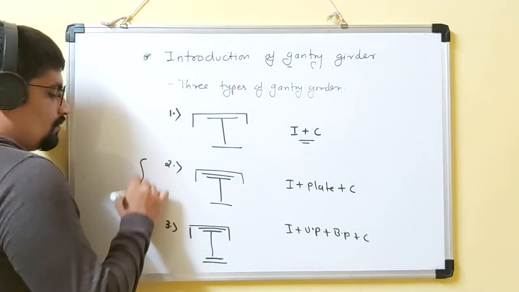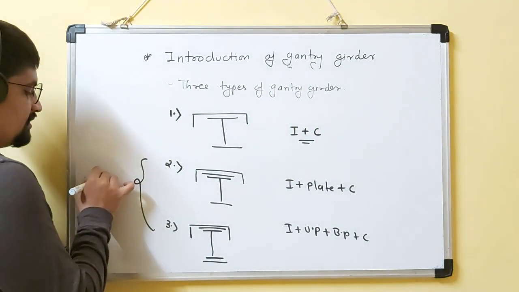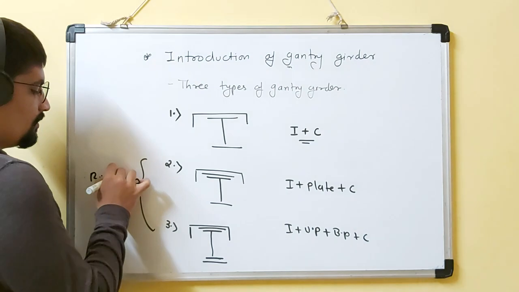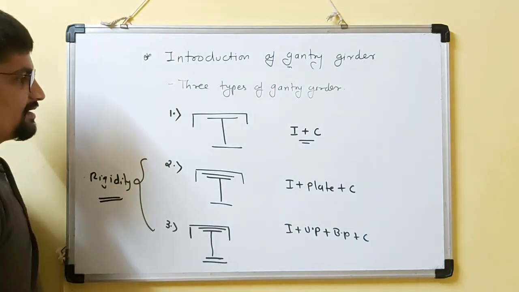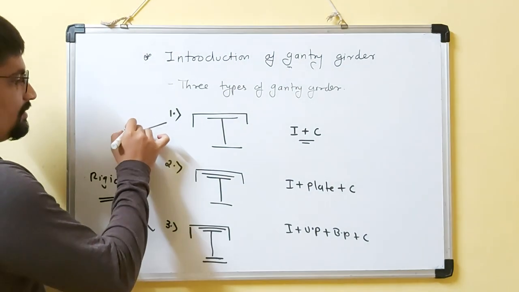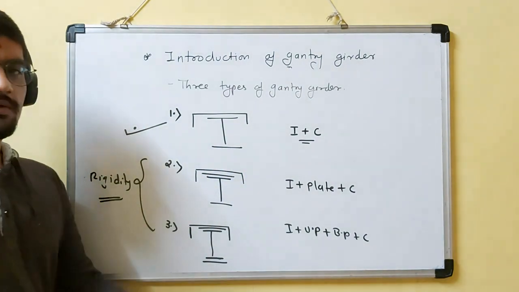But these two are used in rare conditions because they are known for their rigidity. Most probably we use I section plus C section for the calculation.